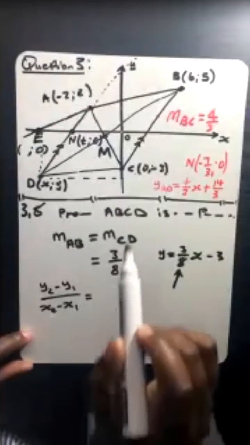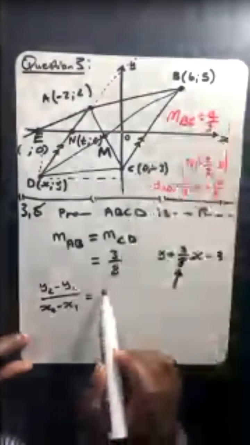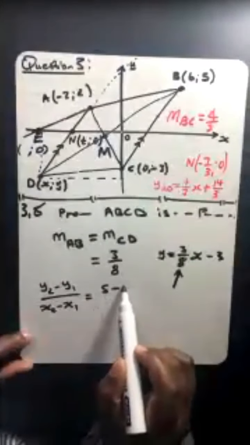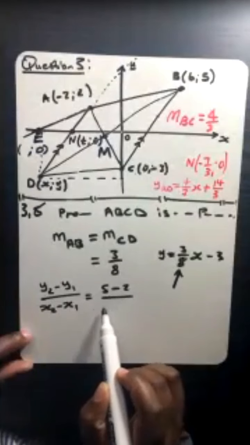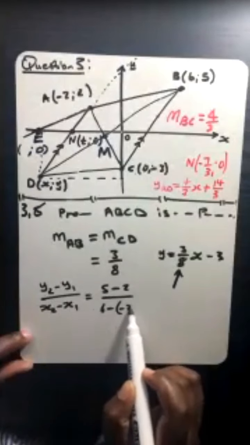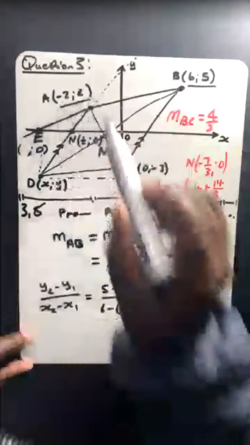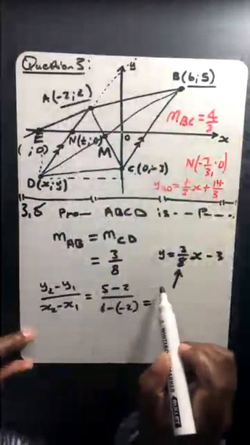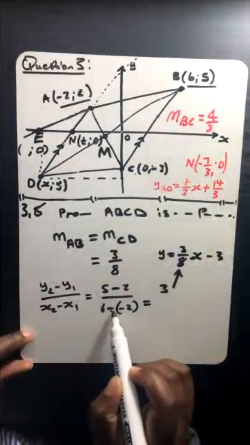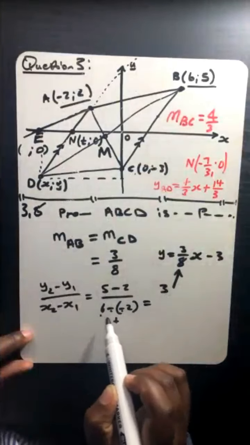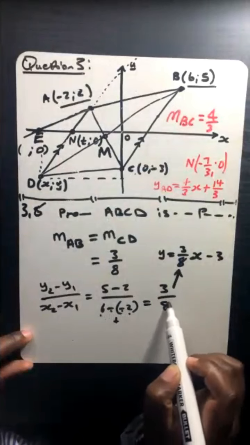Let's quickly try to calculate. Y2 is 5 minus 2, over 6 minus negative 2. So I've substituted those two. This minus this is 3. That is positive 6 plus that is 8, so 3 over 8.